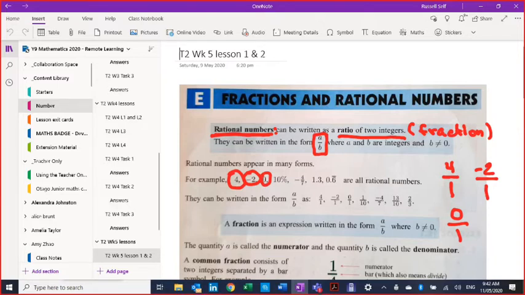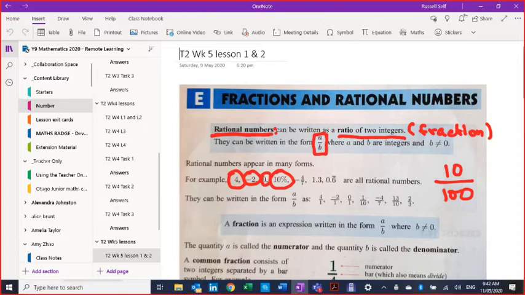Okay? Now, what you were thinking about was what happens when you have something like this. Remember that the percent symbol literally means to divide by 100. So if you're changing a percent to a fraction, that just means you're going to put the number of percent over 100. And, of course, we all know that that is not simplified, is it?